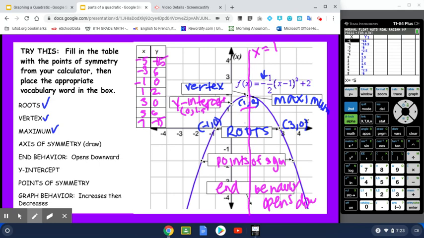All right, so anyway, your roots. We already wrote them as a coordinate, but now I want you to remember that you can write your roots as 2 answers: x equals negative 1 and x equals 3, like we did when we were solving quadratics. Our vertex, we said, was (1, 2), which is our maximum, and our axis of symmetry is the x value from our vertex, which is x equals 1.